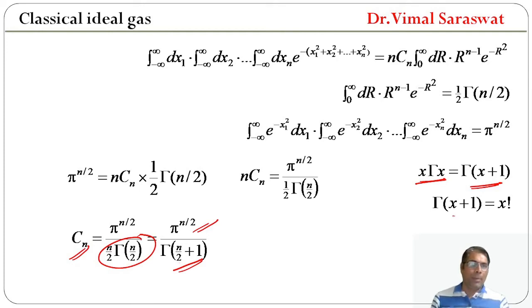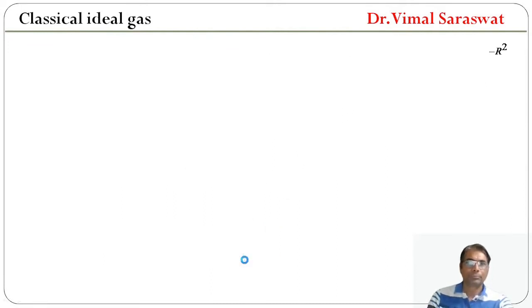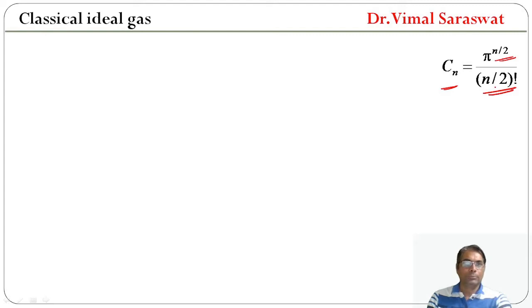Now gamma x plus 1 is equal to factorial x, so this will be factorial n by 2, and therefore Cn is equal to pi raised to n by 2 divided by factorial n by 2.